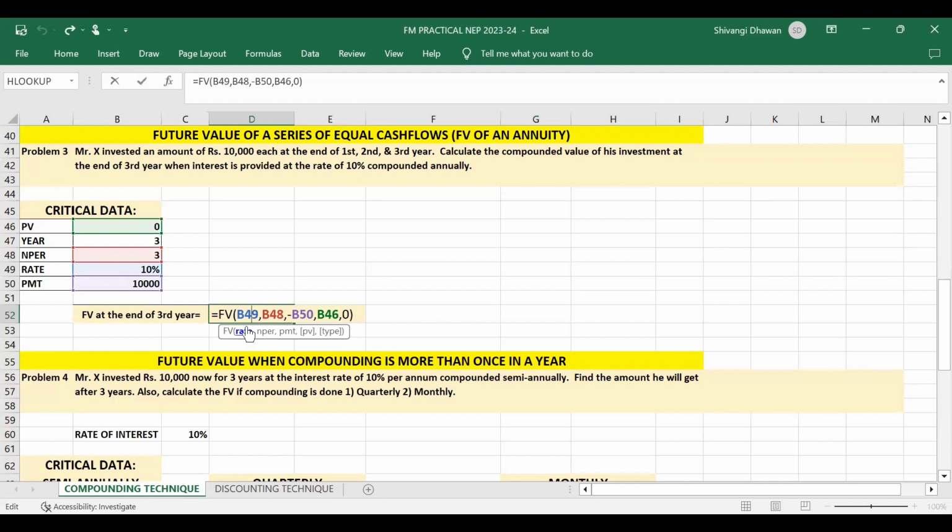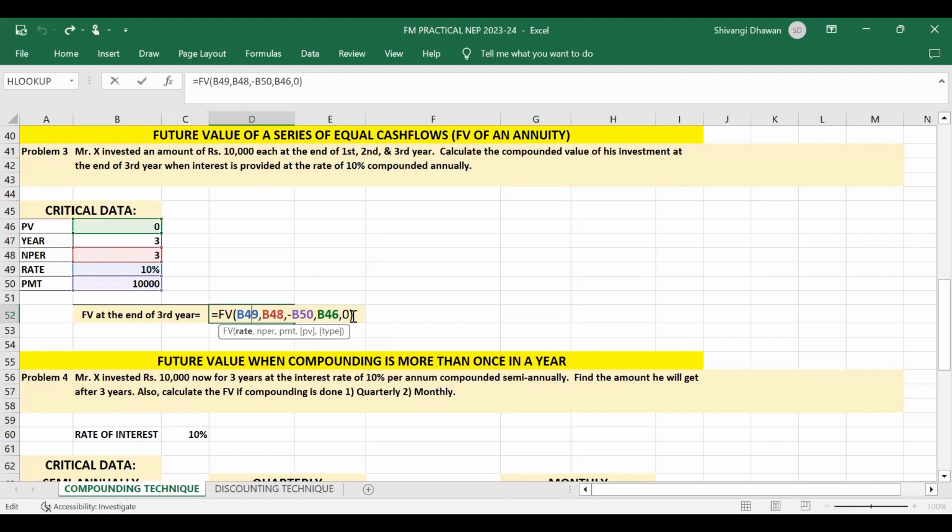So rate will be 10%, number of period will be 3, payment will be 10,000, that is the equal payment for 3 years. Present value is 0 and type is 0, as it is given in the question that this particular amount is invested at the end of first, second and third year. So we will take type as 0.